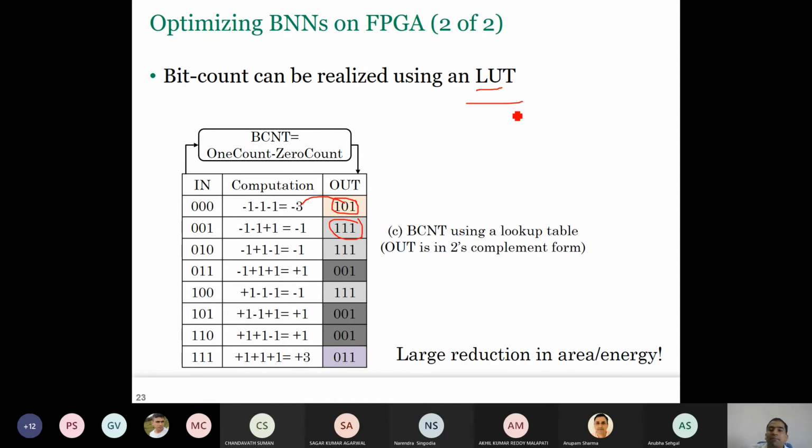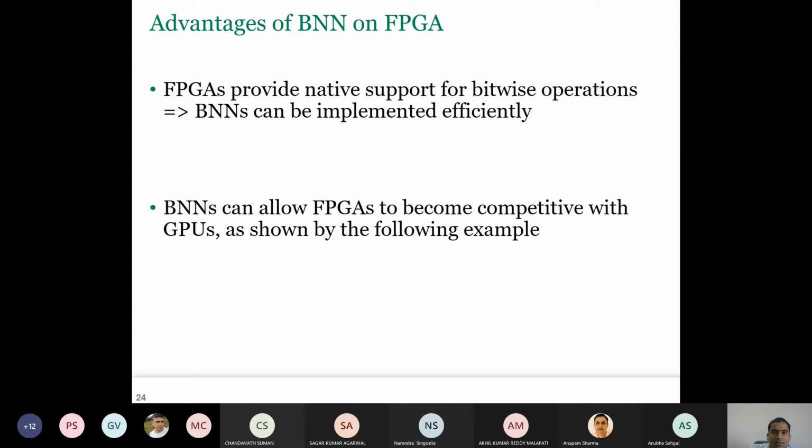And also because FPGAs have plenty of them. After all, FPGA is programmable logic, and we have done our calculation just using logic without doing arithmetic operations. So that's why FPGAs provide native support for bitwise operations. That's why BNNs can be implemented efficiently.